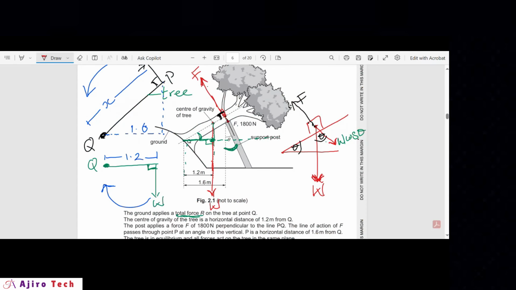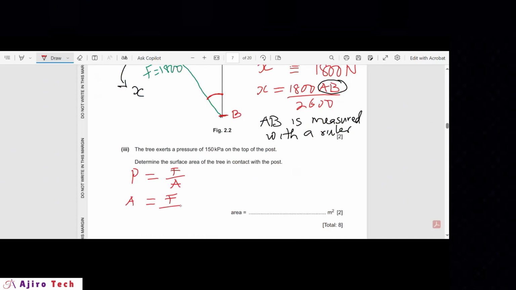So pressure means perpendicular force over area. That gives me F over area. So we are looking for pressure, which will give me force over area, and that force is 1,800, then 15,000, kilo means 1,000.